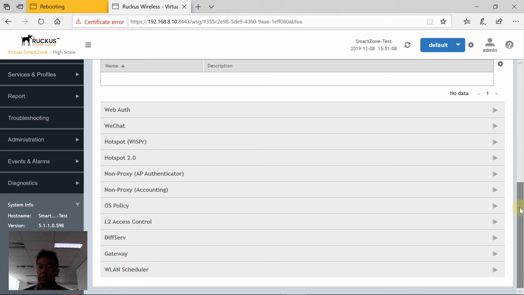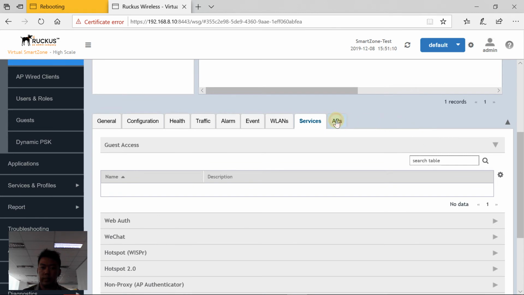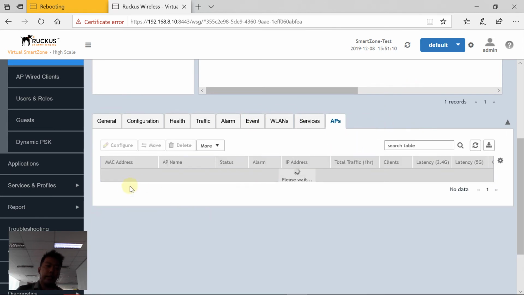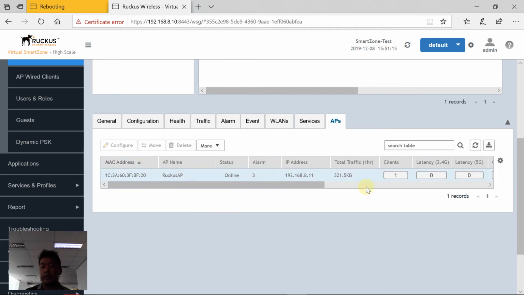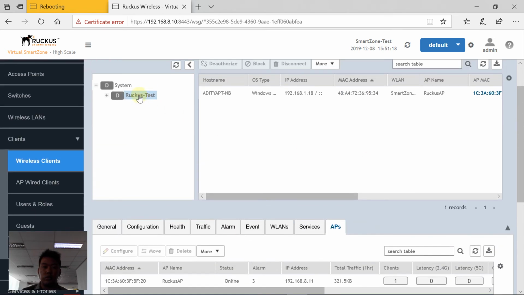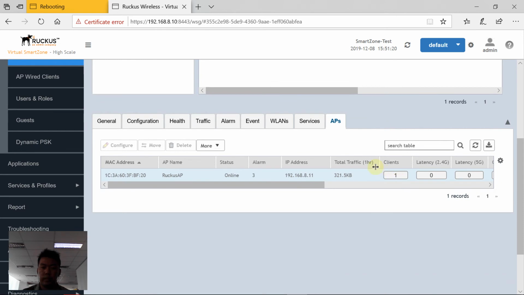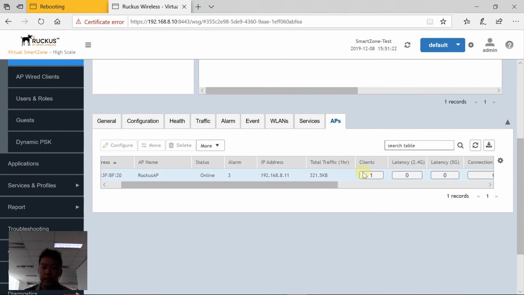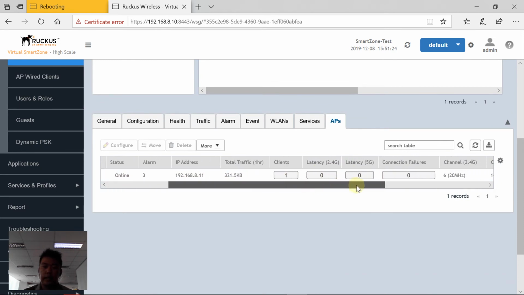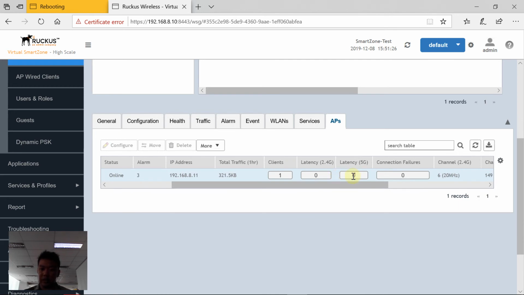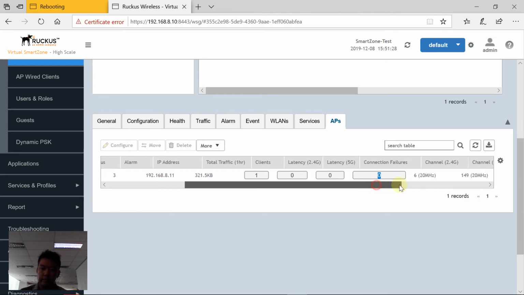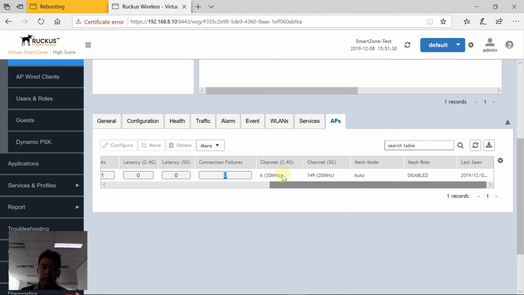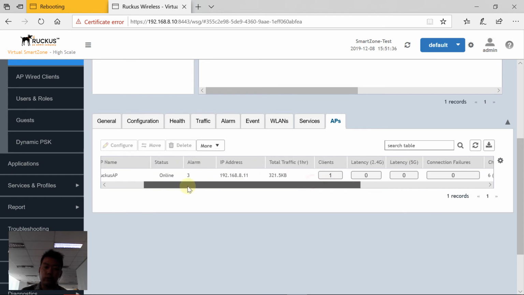And here is the number of access points connected to this group. As we know, the client is 1, latency is 0, and the channel is 6, and the channel for 5G is 149.